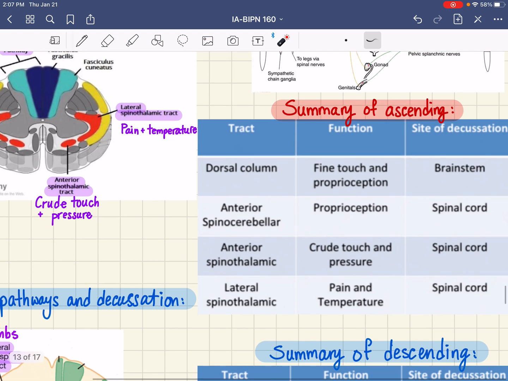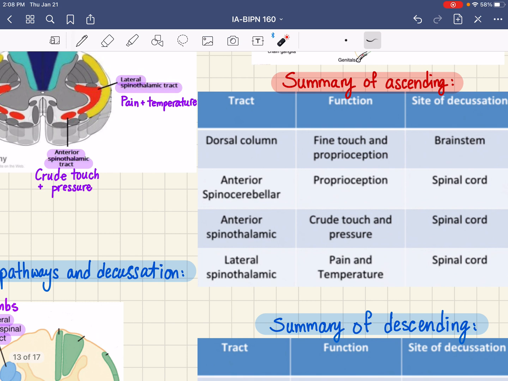It's important for you to memorize which tracts decussate in which place, because this can be a good test question in terms of showing an injury to a certain part of the spine, and then the test question asking you, well, what kind of function is going to be lost? And you can only answer that if you've remembered where these decussations are.